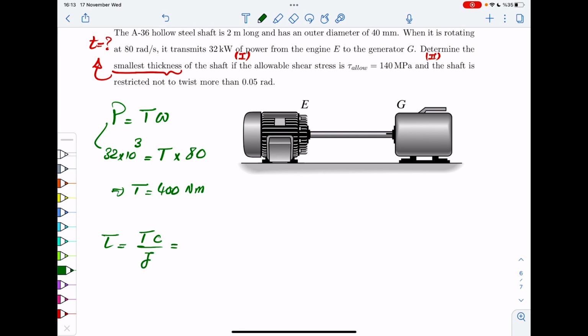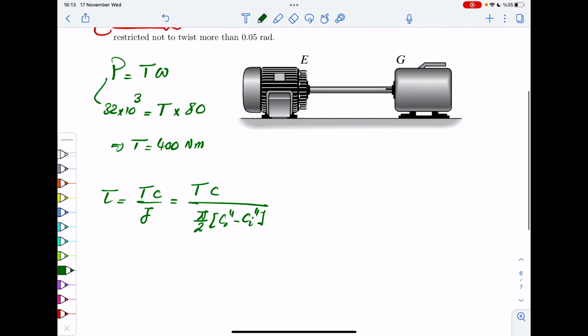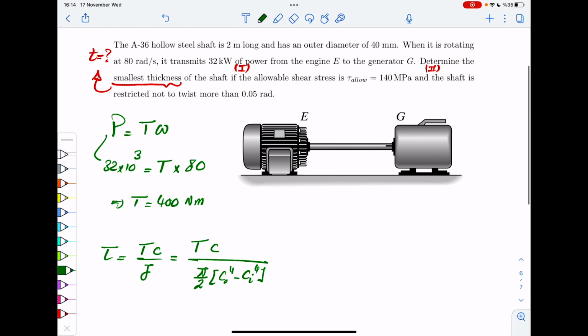Now, we calculate tau as our formula TC over J. Now, remember, this is a hollow shaft. So we would have TC over J, that is pi over 2 outer radius to the power 4 minus inner radius to the power 4. Okay? Now, the outer radius is given, so it's 40 millimeters diameter.